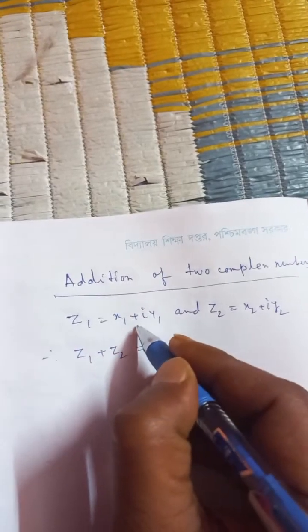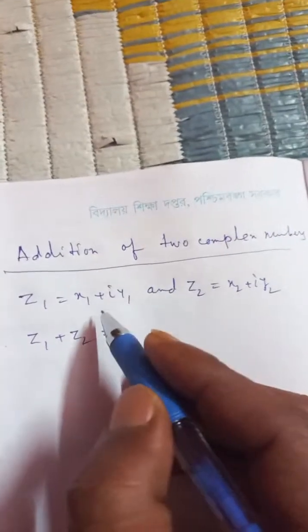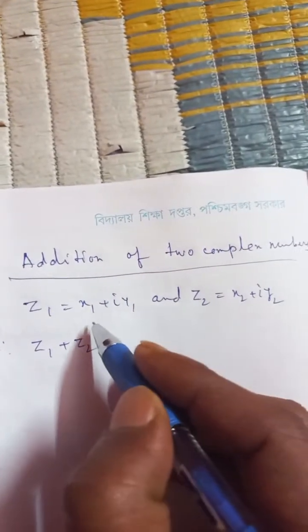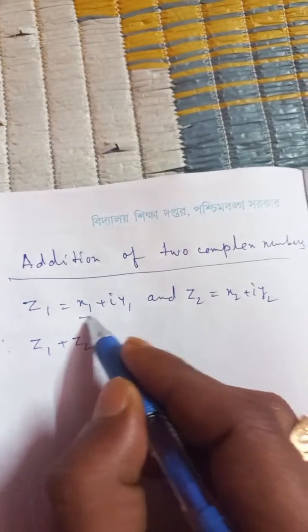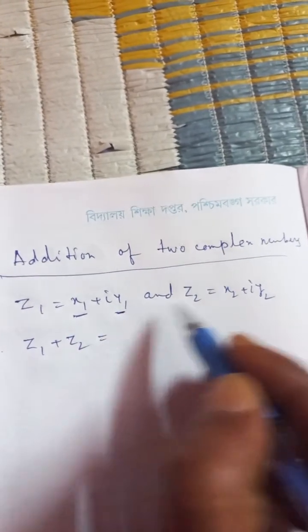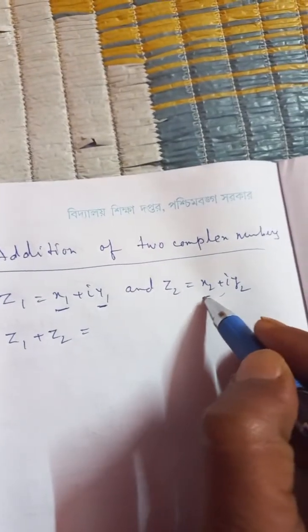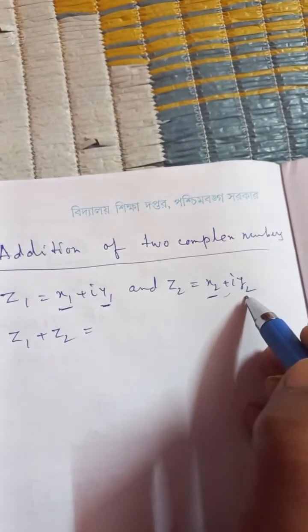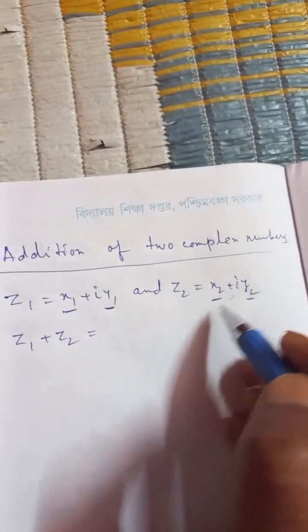In both addition and subtraction, you have to remember that this is the real part and this is the imaginary part. So here also the real part is x2 and the imaginary part is y2.